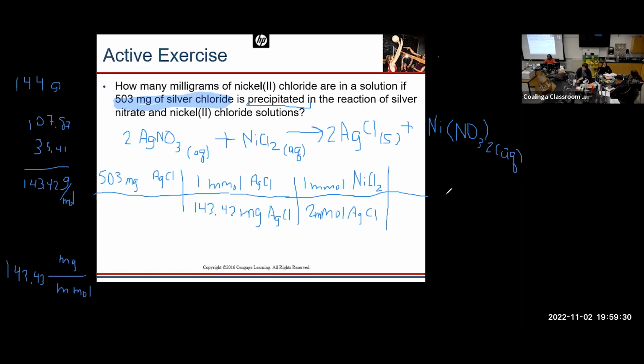How many nickels do I have in nickel 2 chloride? It's 1. So we have 1 nickel and we have 2 chloride.